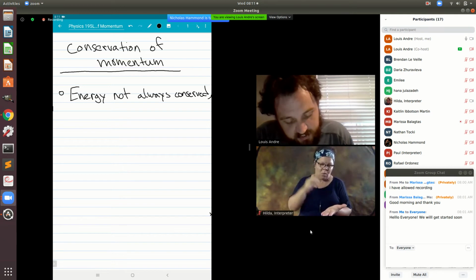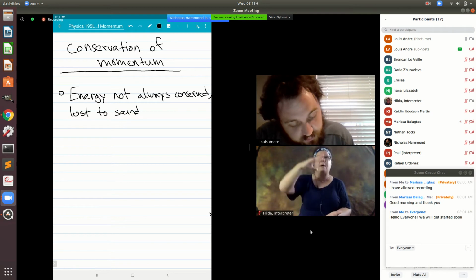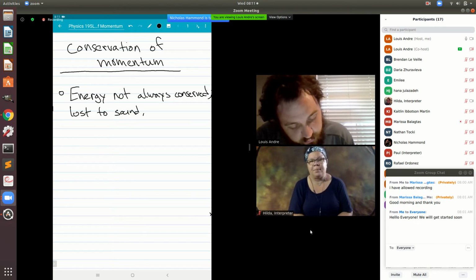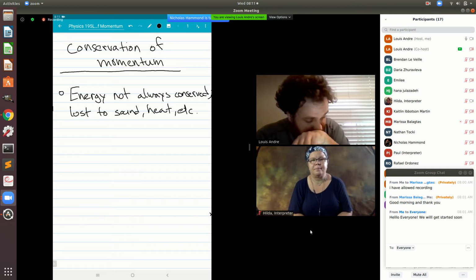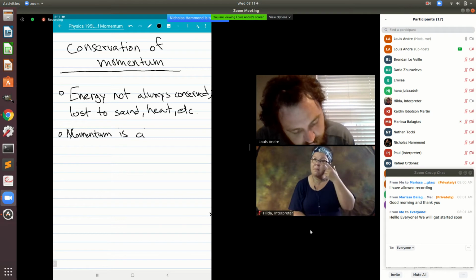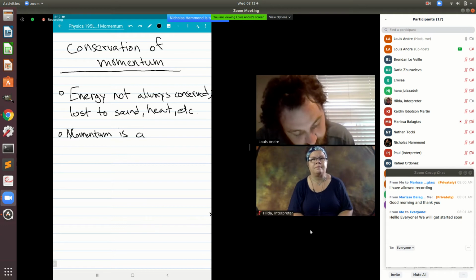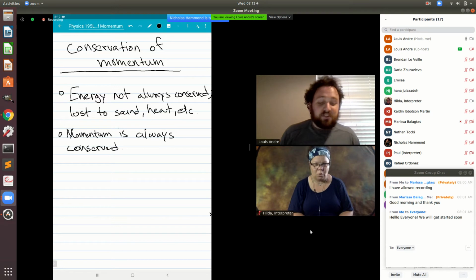It can be lost to sound or heat, etc. But momentum, on the other hand, is always conserved.